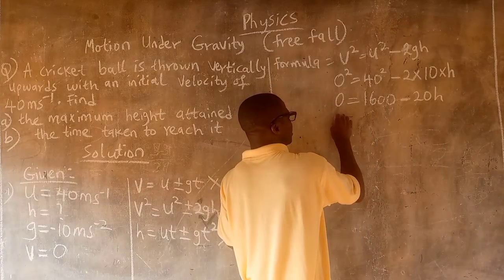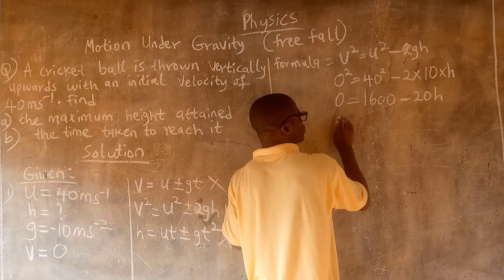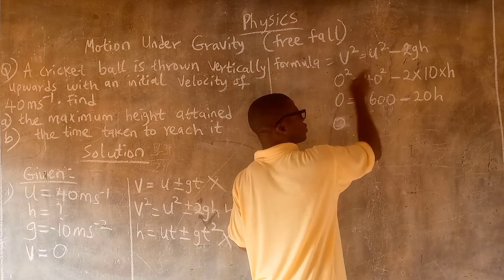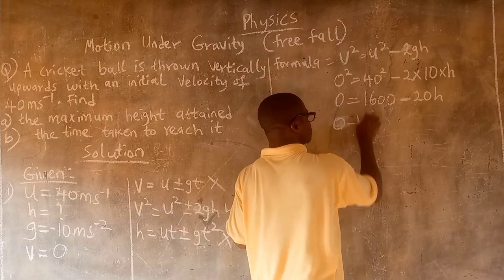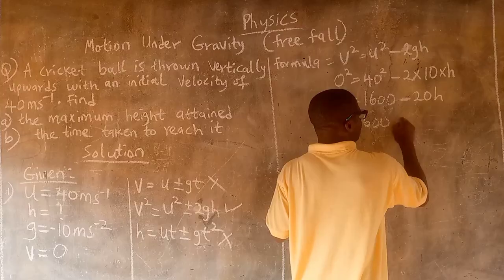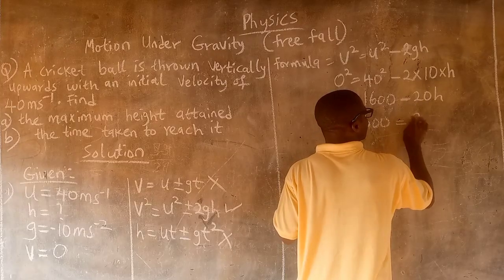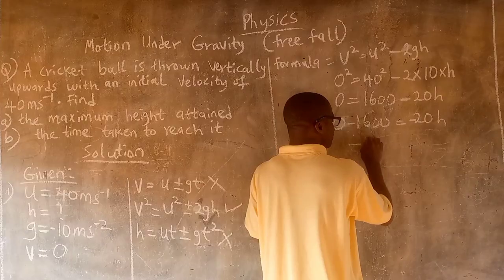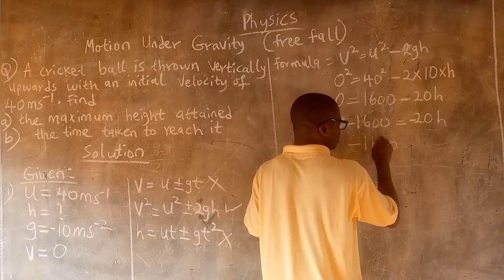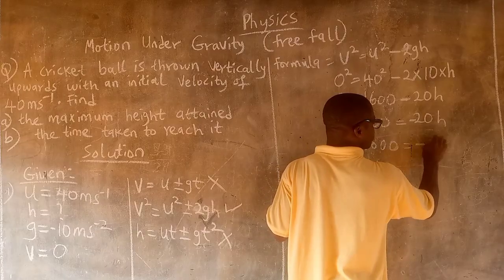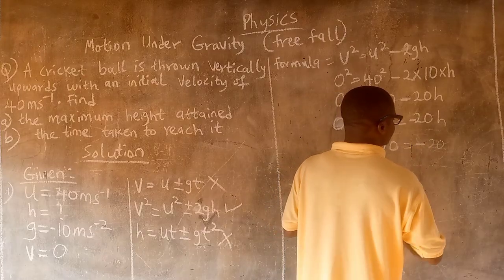Collecting like terms, I have 0. 1600, when it crosses the equality sign, it becomes minus 1600 equals minus 20h. Therefore, minus 1600 equals minus 20h.